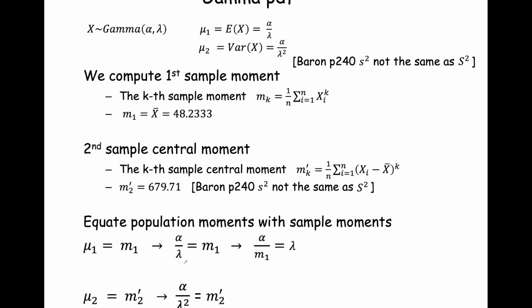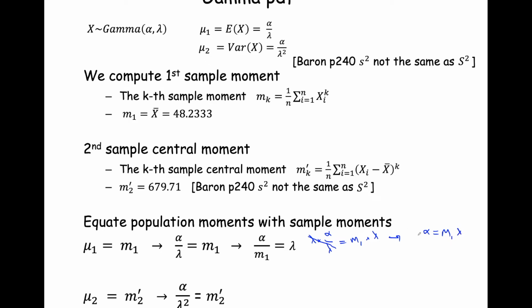So we can multiply both sides of the equality by lambda. We get alpha over lambda times lambda equals m1 times lambda. Lambda in the numerator and denominator cancels out, that goes to 1, and we're left with alpha is equal to m1 times lambda.